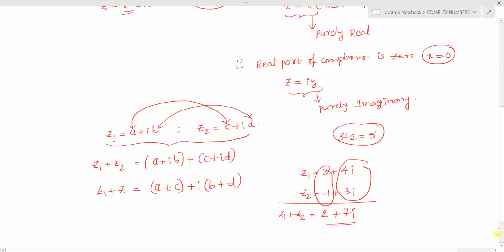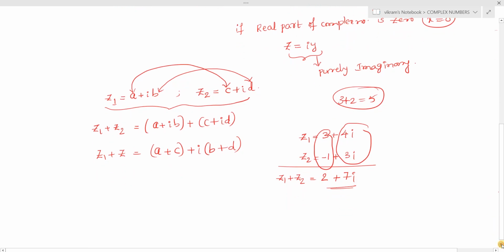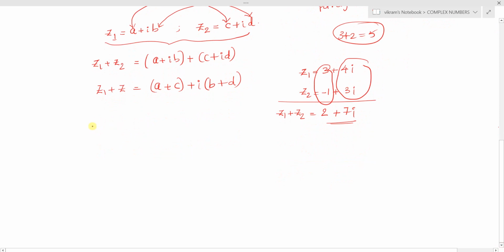The same thing can be represented in ordered pair form. How do we represent it in ordered pair form? z1 equals the ordered pair (a, b), and z2 equals (c, d). Then we can write z1 plus z2 equals (a plus c, b plus d).